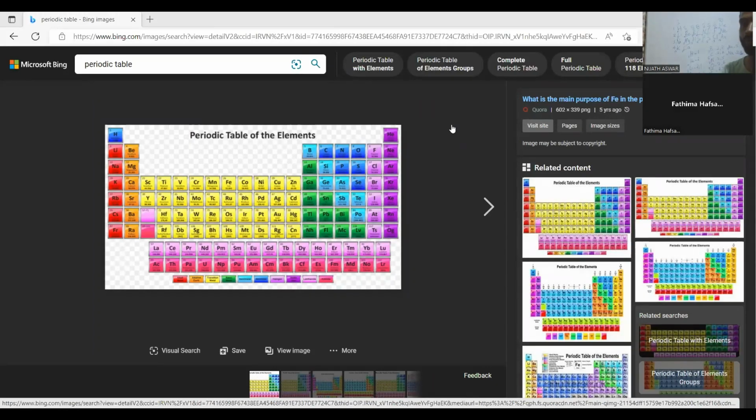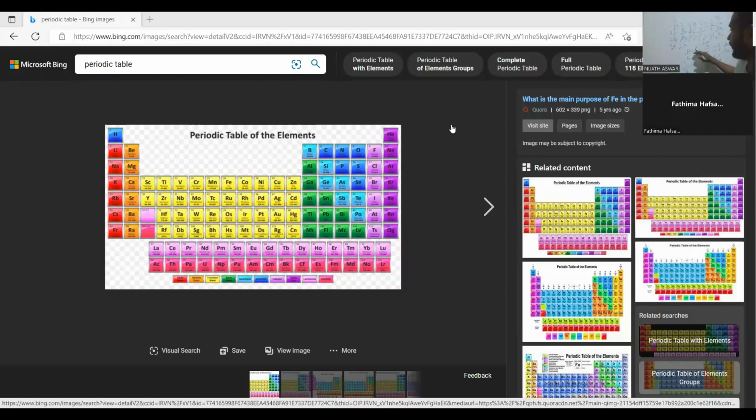Now you have to understand one thing. If the last electron is 1, that belongs to the first group. Hydrogen belongs to the first group. If the last electron is 2, that element belongs to the second group, except helium, which is in the 8th group.